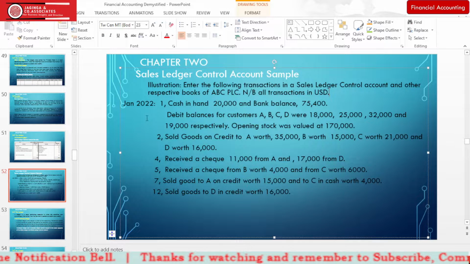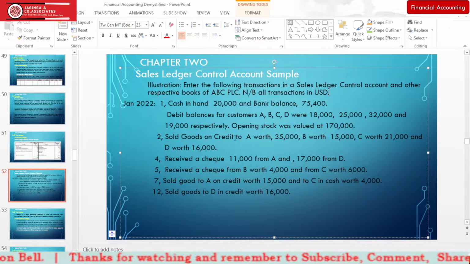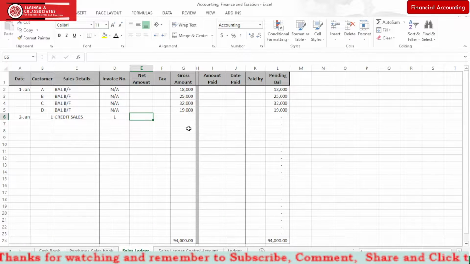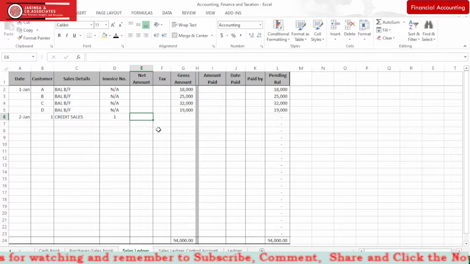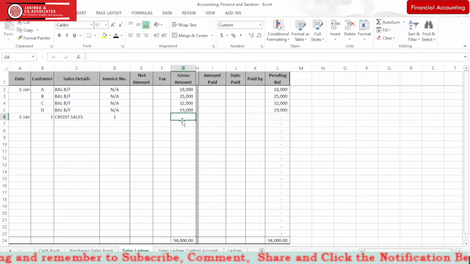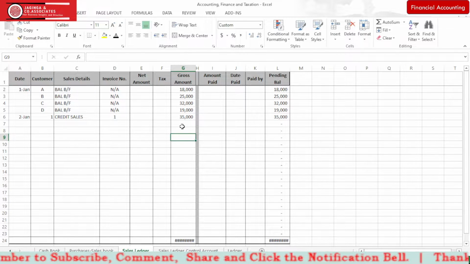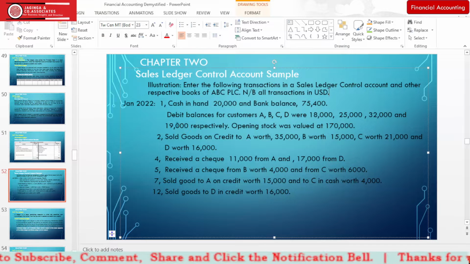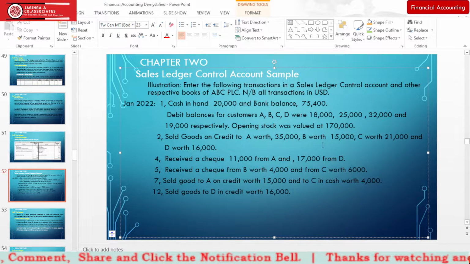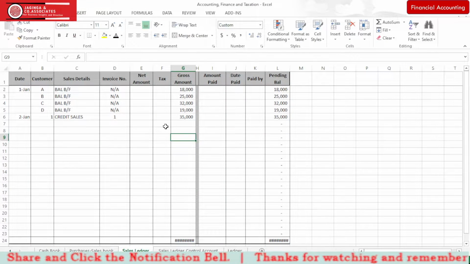So the net amount, we are not so sure of the net amount. So let's use gross amount. So let's just use gross amount 35,000. And then B had 15,000.